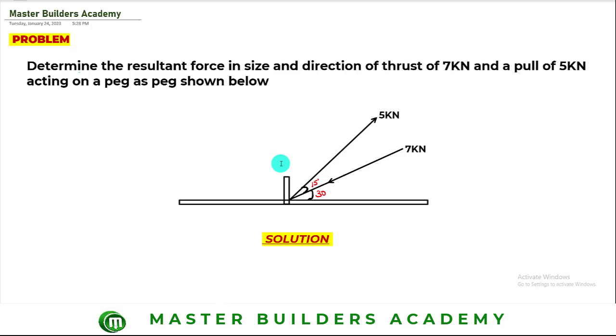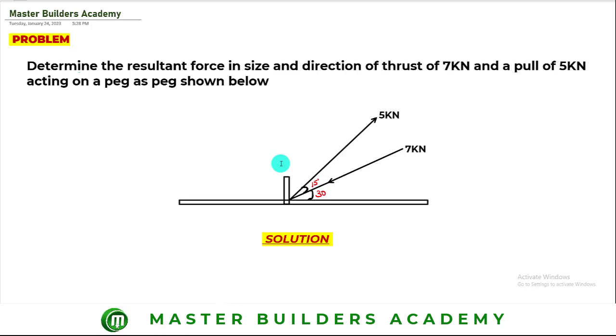And as you can see, between the horizontal line and the 7 kilonewton force, the angle of inclination is 30 degrees. And between the 7 kilonewton and the 5 kilonewton, we have the angle between the two forces as 15 degrees. That means from the horizontal to the 5 kilonewton force will be the sum of 30 and 15, which gives us 45 degrees.